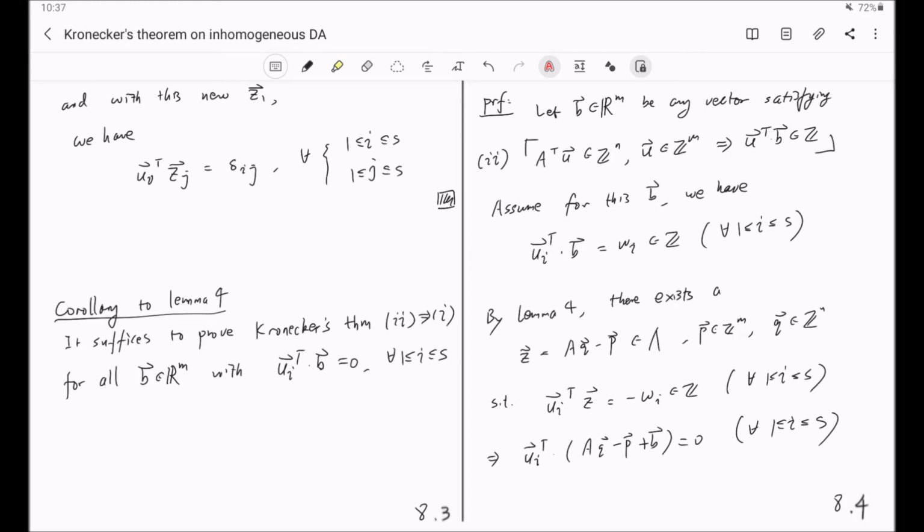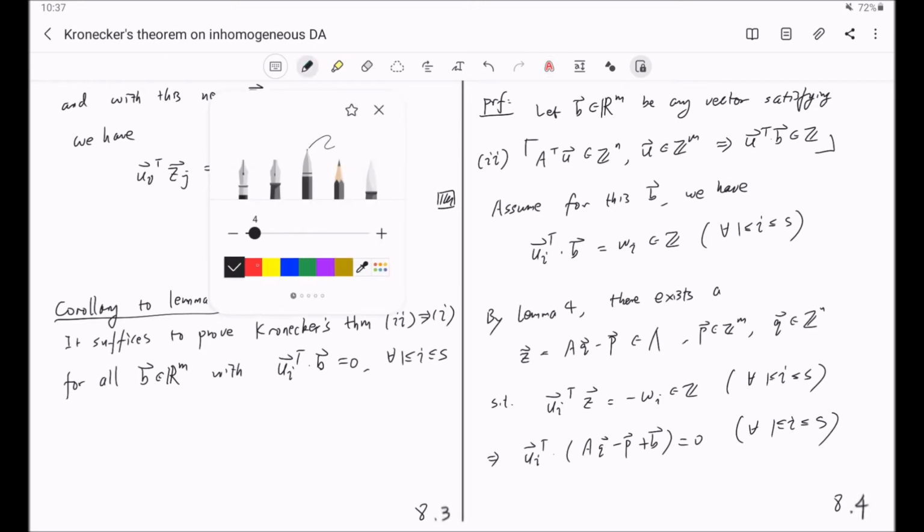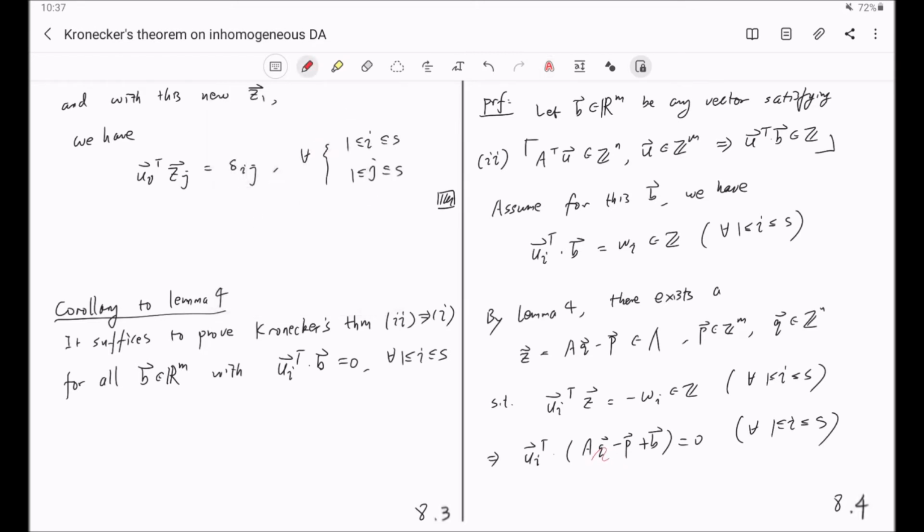And we produced another vector that satisfies this additional hypothesis. So let us call this part b prime. And we are going to verify that this b prime also satisfies the original hypothesis.